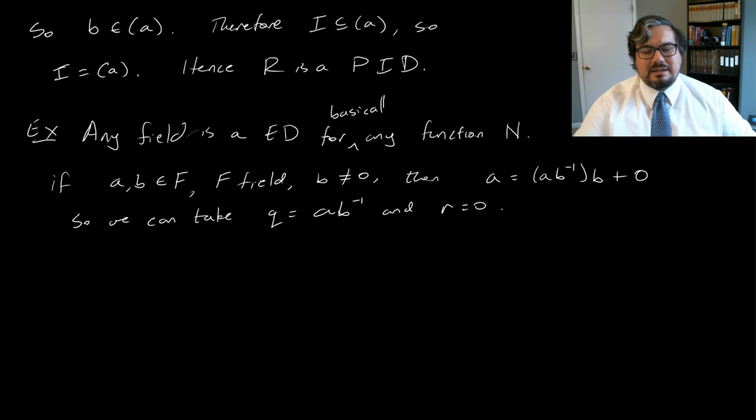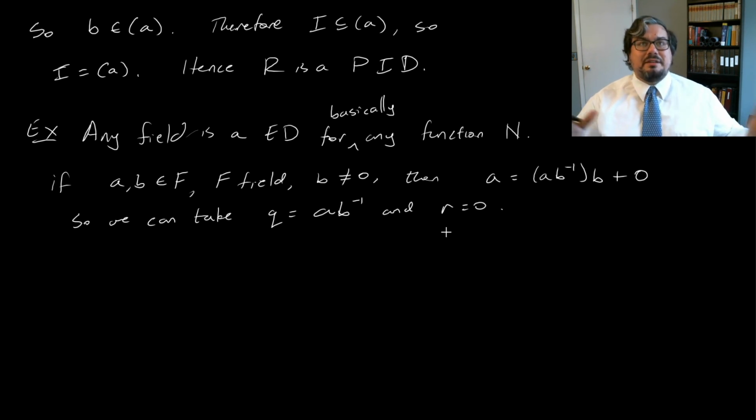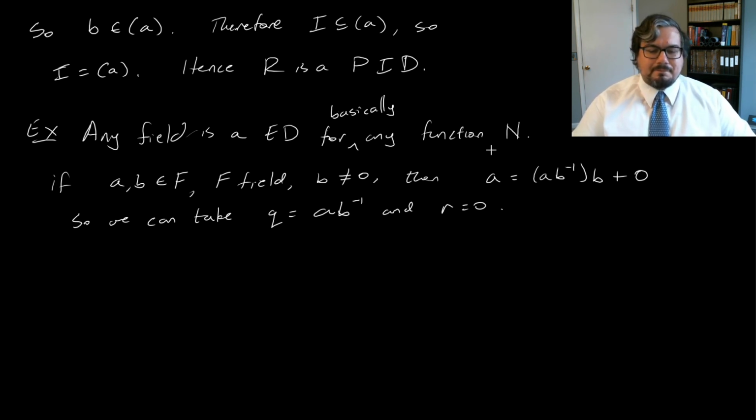I should say basically any function n, because you still need the first condition of the Euclidean domain to hold. Any constant function will certainly work here. So any field is a Euclidean domain, and you can take any function you like, basically.